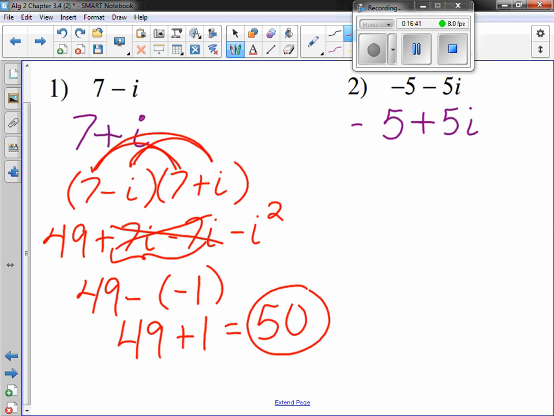What am I missing? I don't have I anymore, do I? That's what makes these special, because I now have a number without I when they are multiplied together.